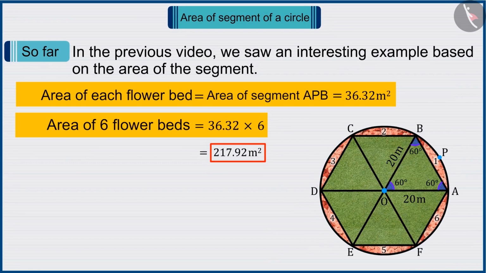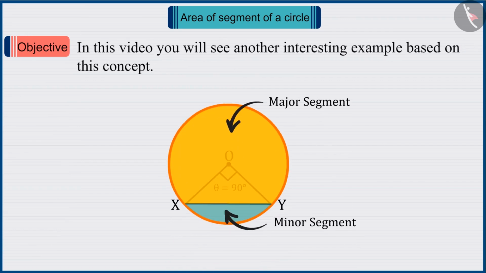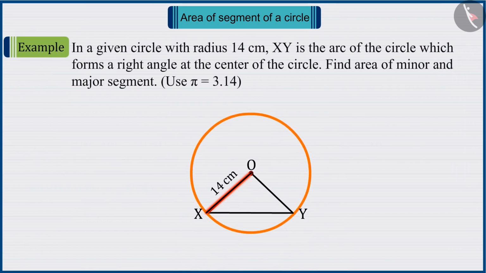In the previous video, we saw an interesting example based on the area of the segment. In this video, you will see another interesting example based on this concept. In a given circle of radius 14 centimeters, XY is an arc of the circle, which forms a right angle at the center of the circle.